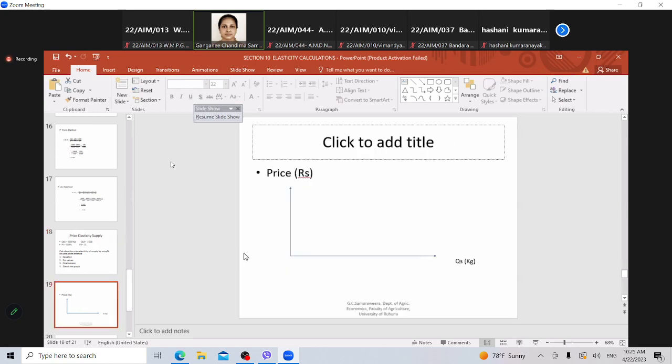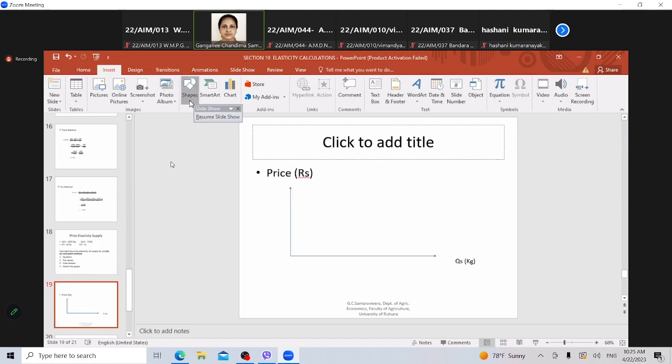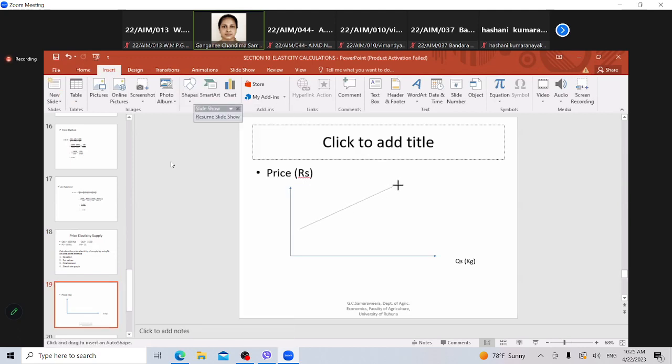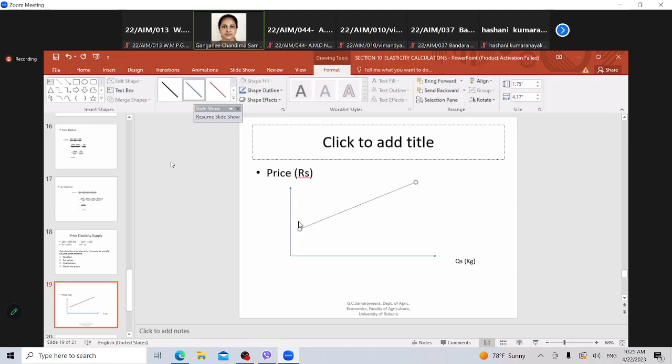So in that curve, clearly you can see, you can take the line like this. Here price 10, quantity supplied is 1000. Here price 15, quantity supplied is also increasing, 1500.